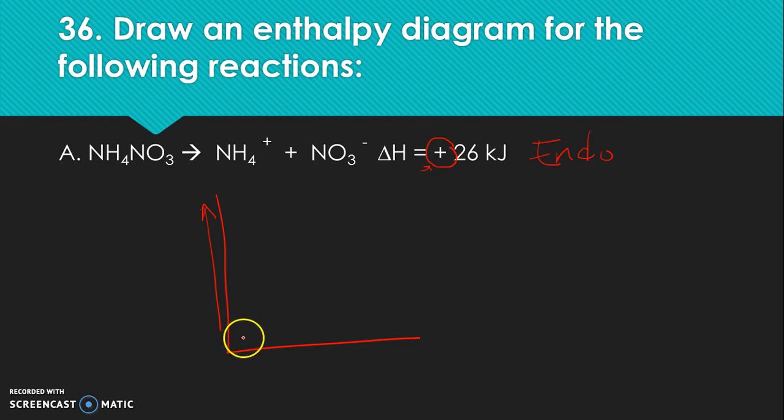So what we're going to do for an enthalpy diagram is write our formula of what we start with, and if it's endothermic, we're going to show that it's gaining heat. For now, I'm not super concerned about getting this to the right point. But as we move up, as enthalpy increases, we're going to gain heat.